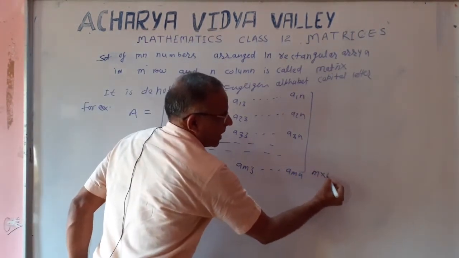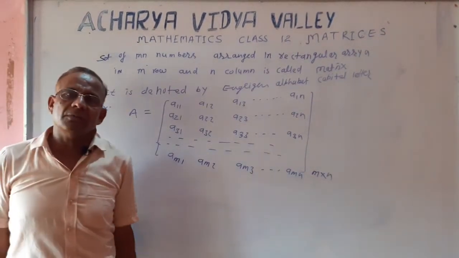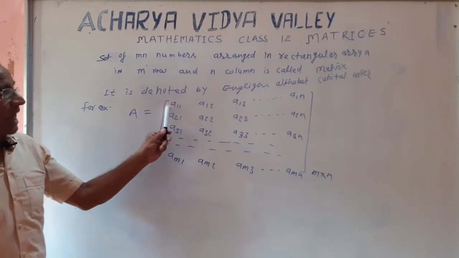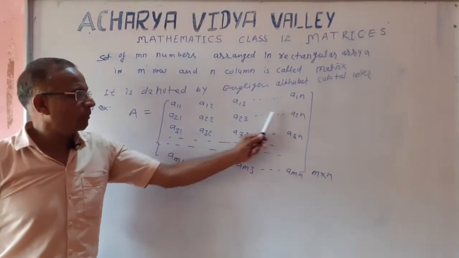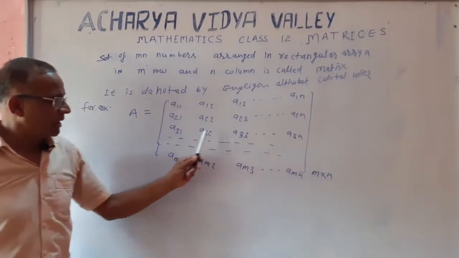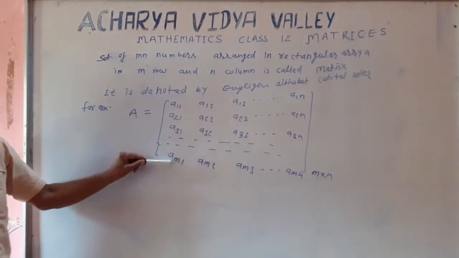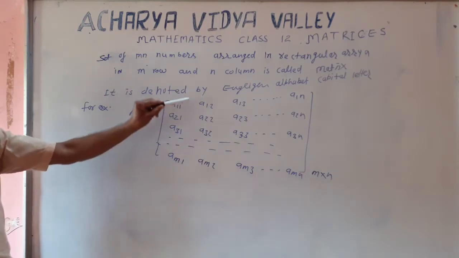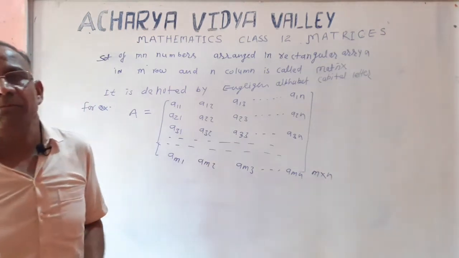Here the number of rows is m and the number of columns is n. These are called rows: first row, second row, third row, dash dash mth row. These are columns: first column, second column, third column, dash dash dash nth column.